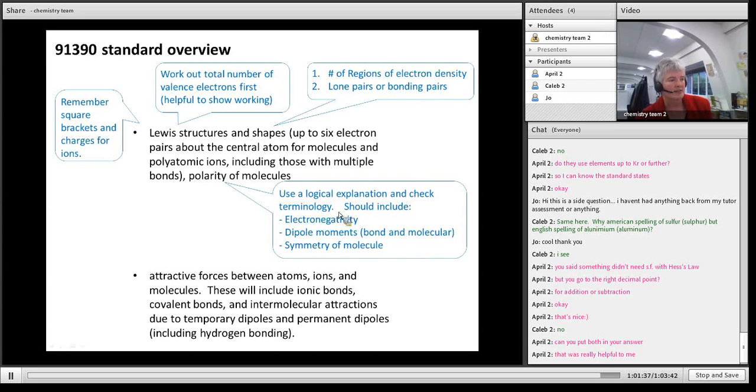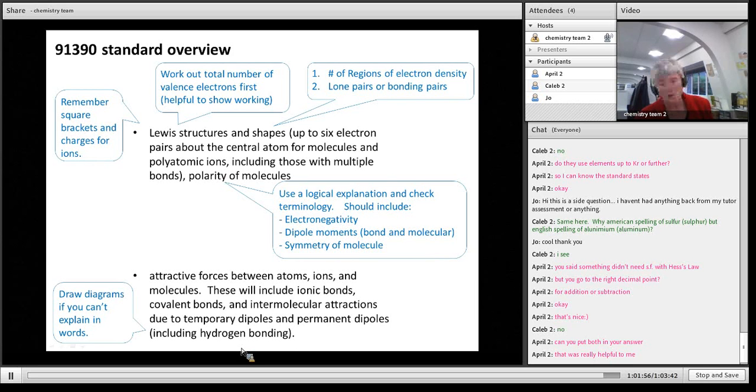And then follow this pattern for polarity. Always talk about electronegativity, then the dipole moments, the bond dipoles, and the molecular dipole, and then the symmetry. And then with hydrogen bonding, draw a diagram if you're running out of time, because it's much quicker than explaining it.